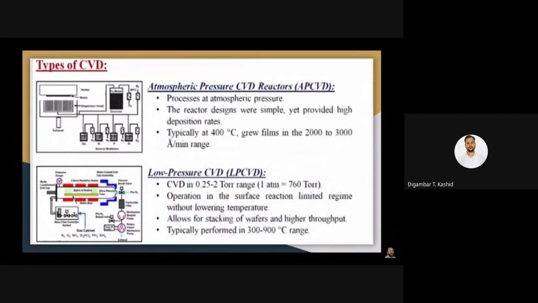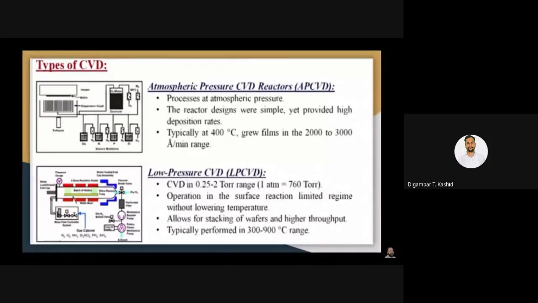The reactor designs provided a high deposition rate, typically at 400 degrees centigrade, giving films in the range of 2000 to 3000 angstrom per minute. That is the controllable limit, and we can go up to 400 degrees centigrade.